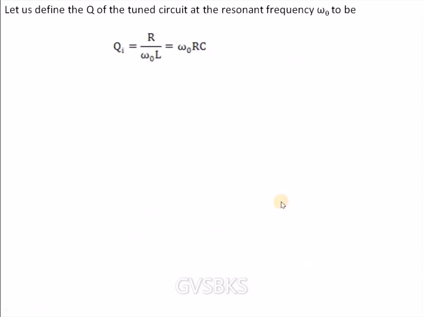Let us define the Q factor of a tuned circuit at the resonance frequency omega naught. Qi is equal to R by omega naught L, which is equal to omega naught Rc. We can also write R by omega naught L is equal to omega naught Rc.